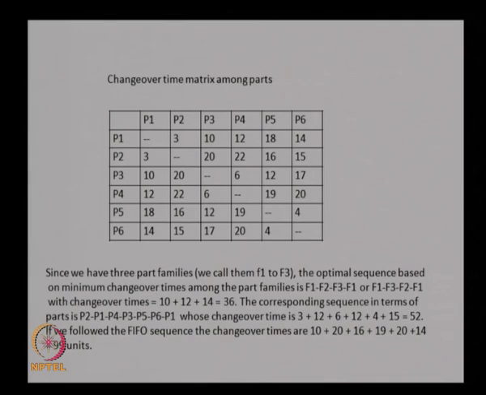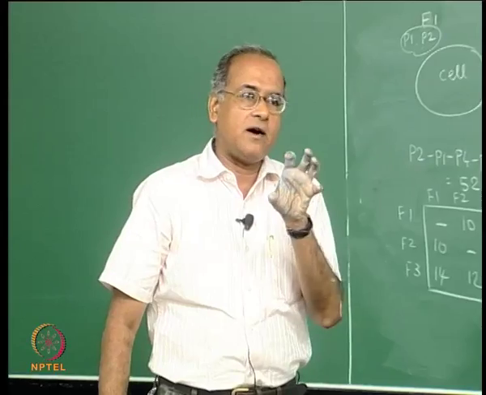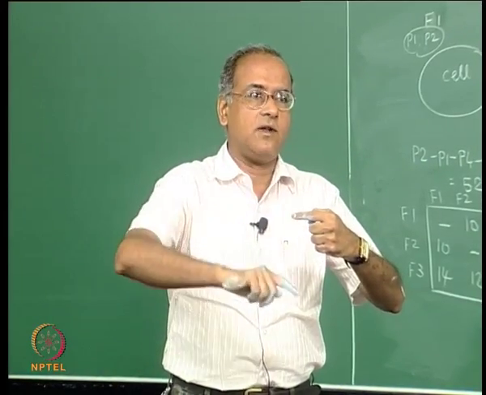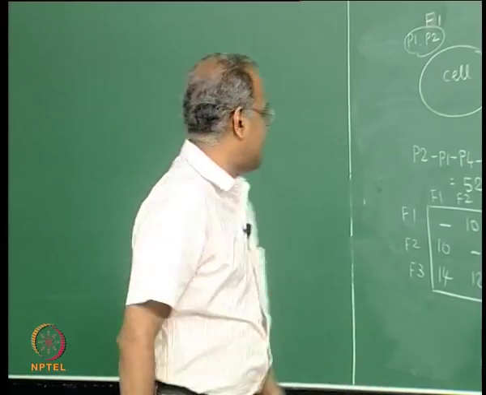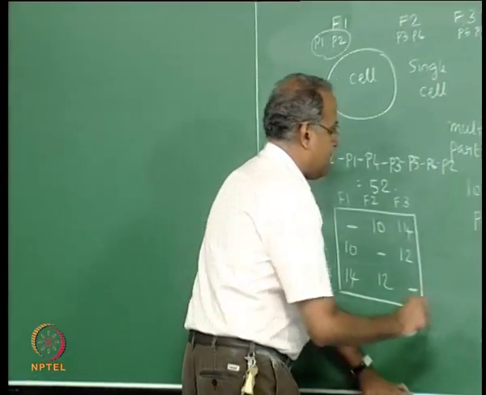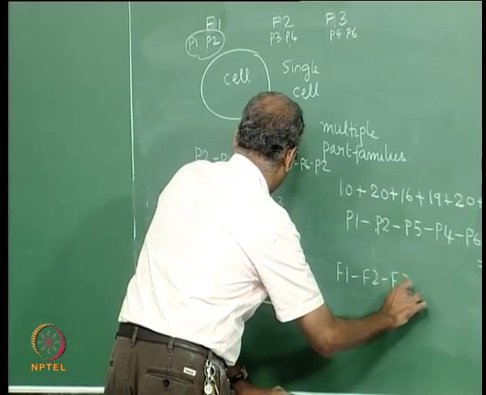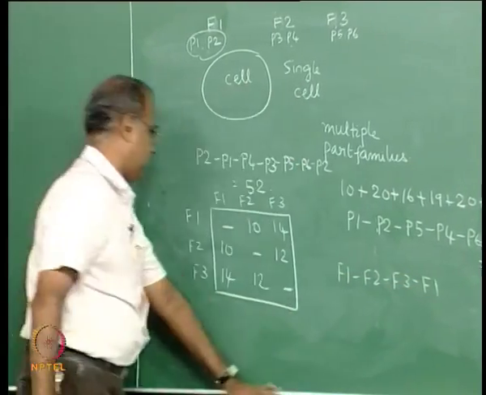So, first we solve a travelling salesman problem to find out the sequence in which we will schedule the families. In this case the schedule will be F1, F2, F3, F1.